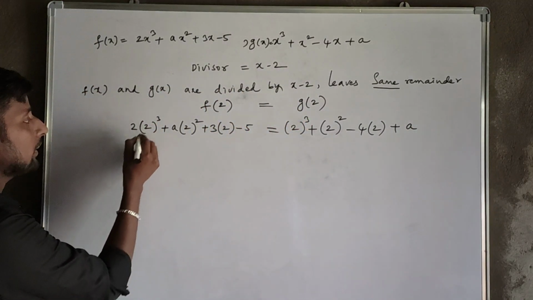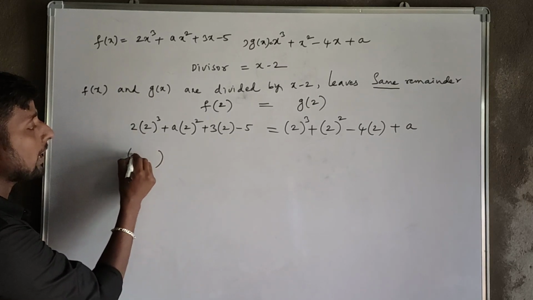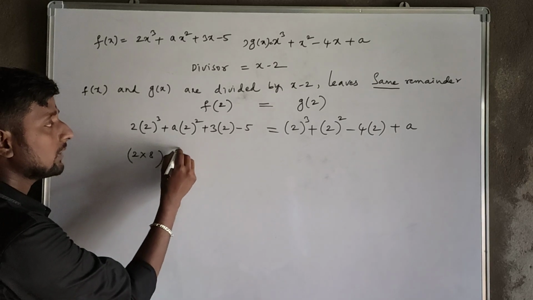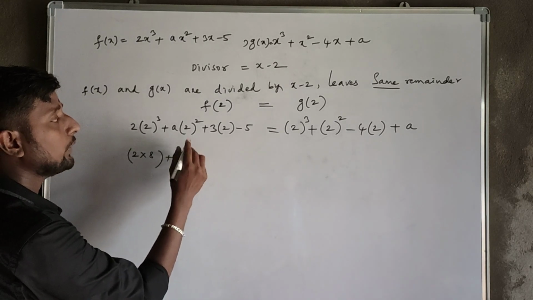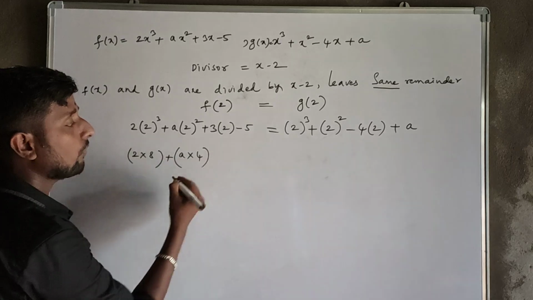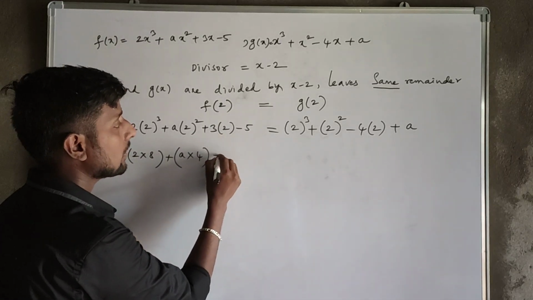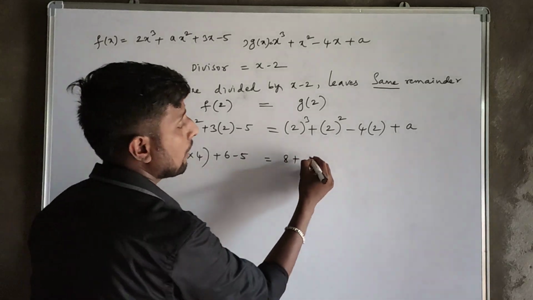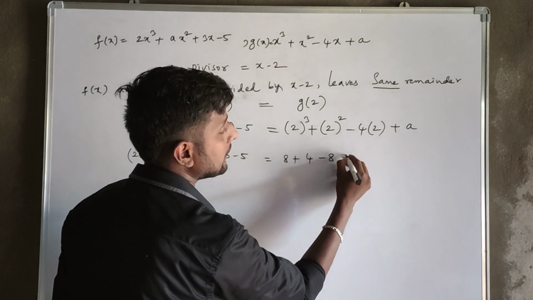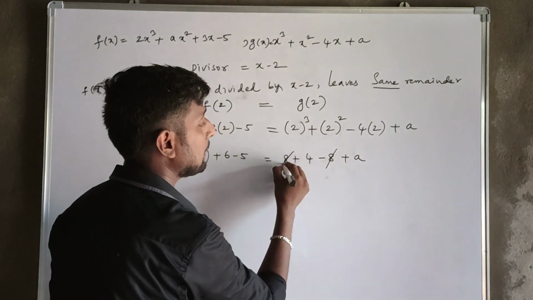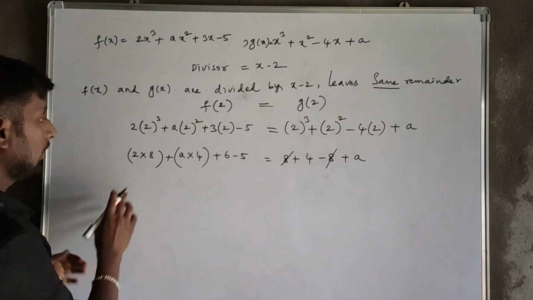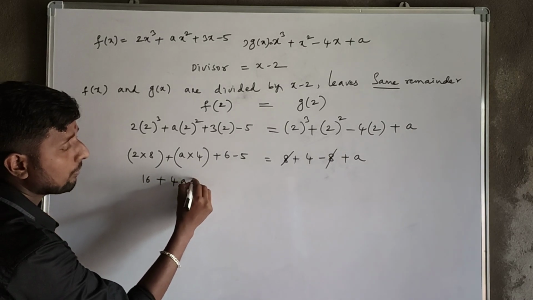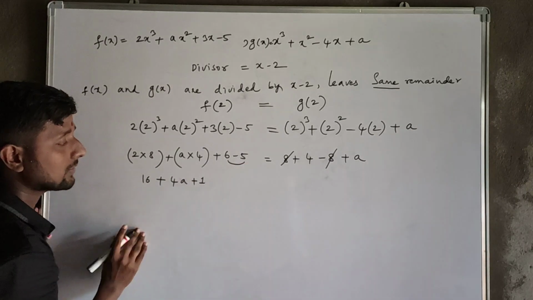Now 2 cube is 8, plus a into 2 square is 4a, 2 threes are 6 minus 5, 8 plus 4 minus 8 plus a. Minus 8 plus 8 get cancelled. 2 eights are 16, plus 4a plus 1.